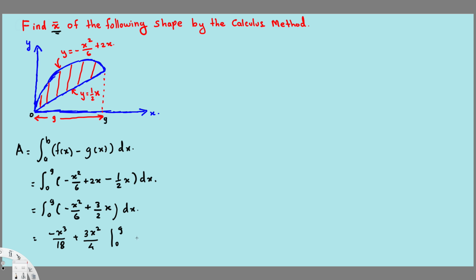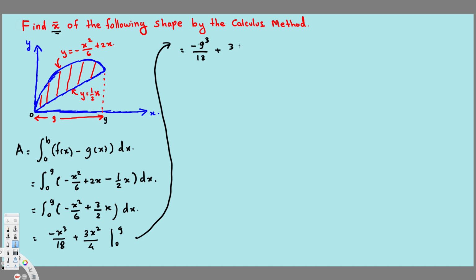So first, let's continue right here. We have negative x cubed divided by 18 plus 3x squared divided by 4, and let's substitute 9 first. So this is going to be negative 9 cubed divided by 18 plus 3 times 9 squared divided by 4.